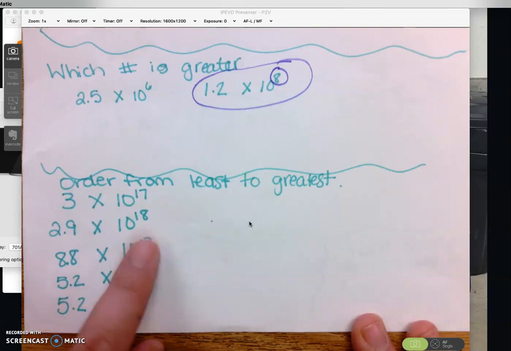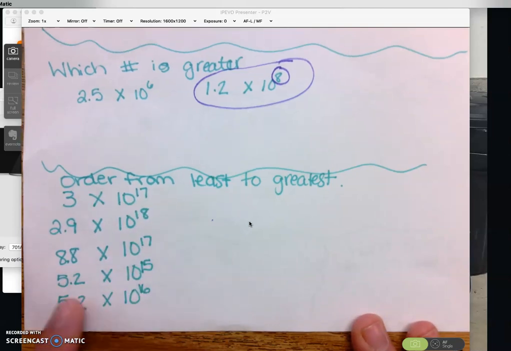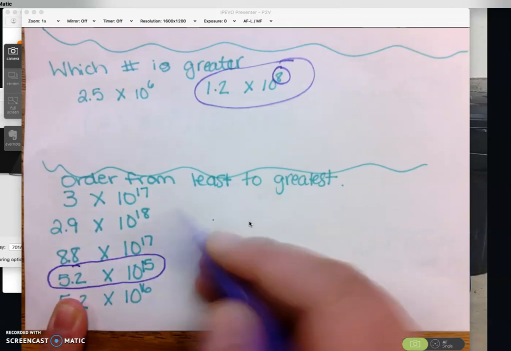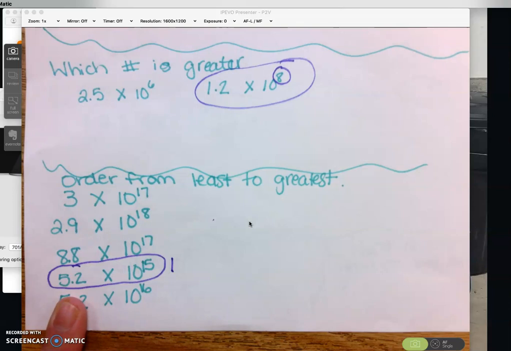So we have 17, 18, 17, 15, and 16. So this would be my smallest one. So I'm going to write these one by one. On the test, you're going to have to write the countries from least to greatest, the country names. Right? Can we do that?